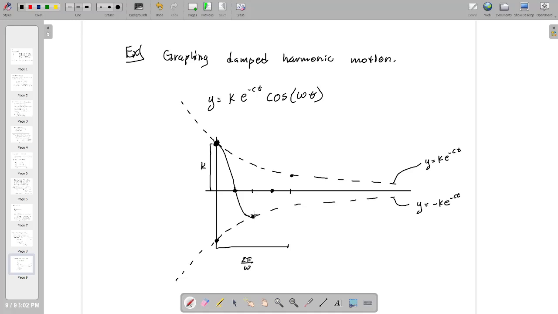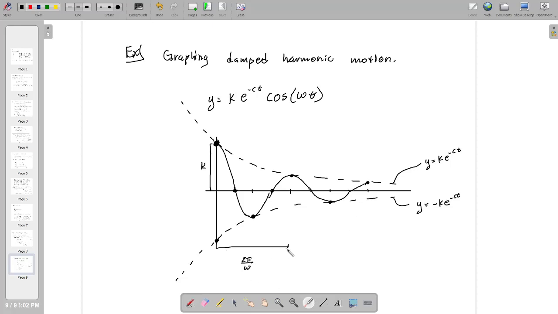It will touch negative k e to the negative ct, and then it'll go back up to 0. Then it'll come back up and touch k e to the negative ct. And if we keep going, we can see that the period actually doesn't change. The amplitude changes, but not the period.